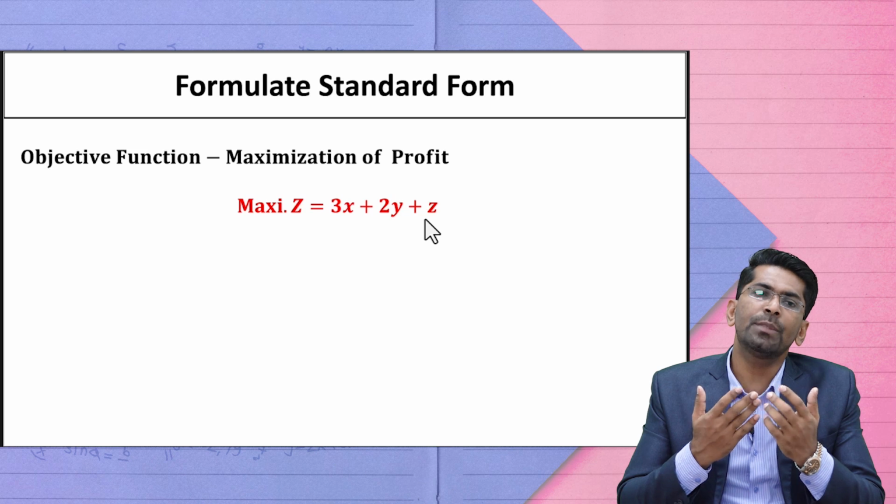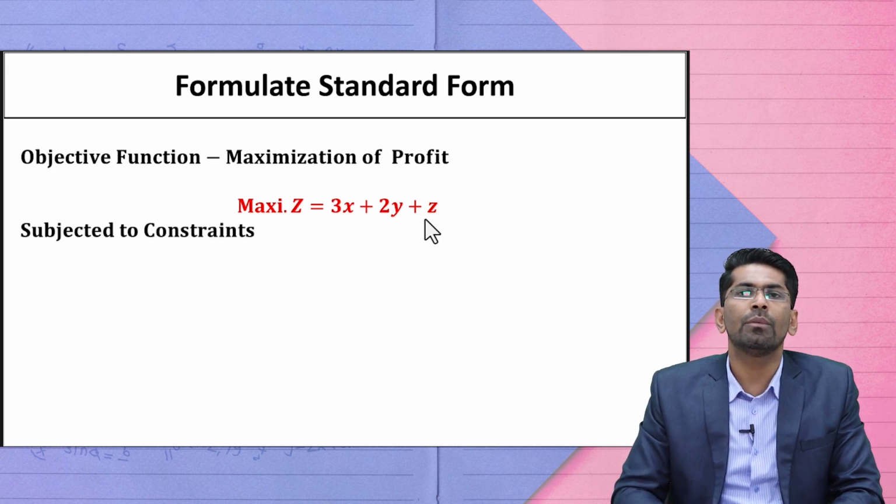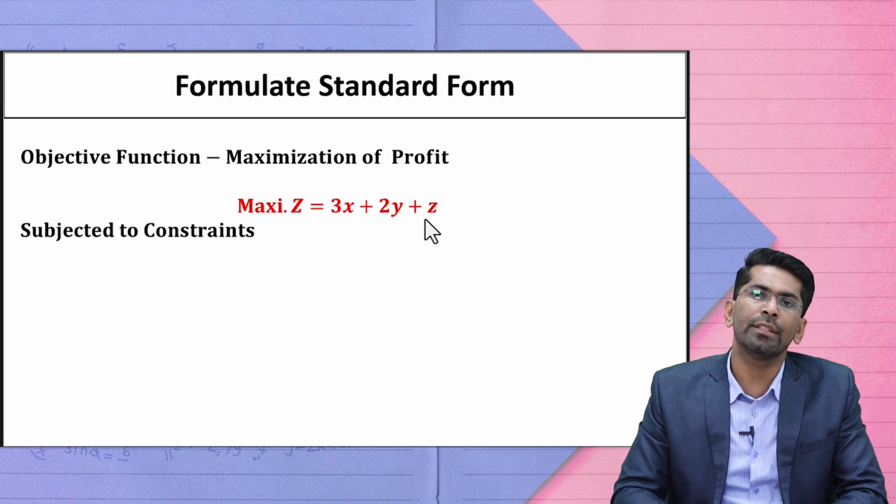After specifying the objective function, the next step is to identify the various constraints. So, this given maximization of profit function is subject to certain constraints.